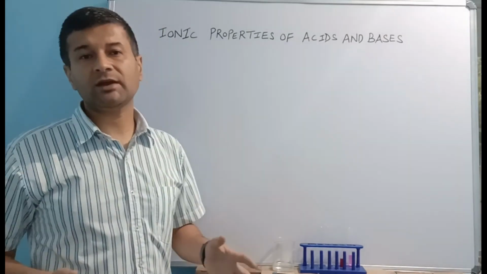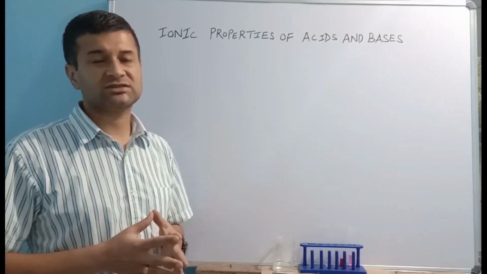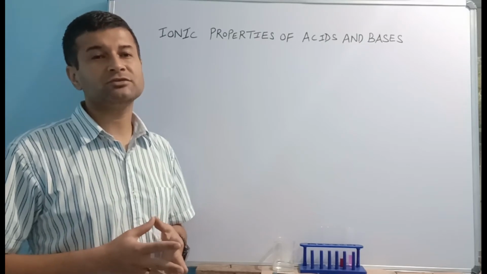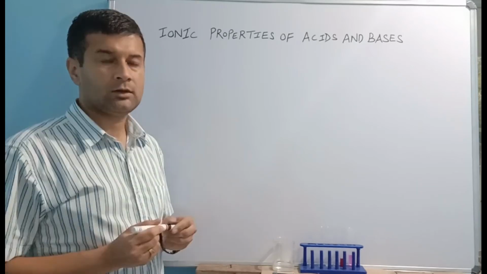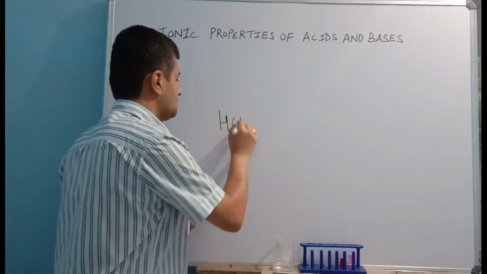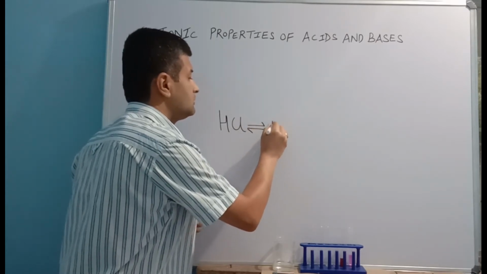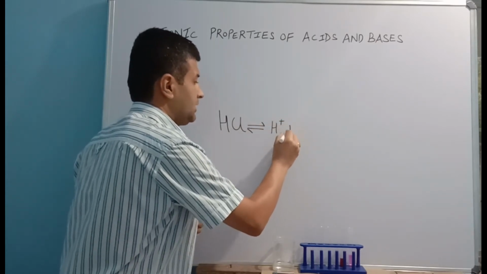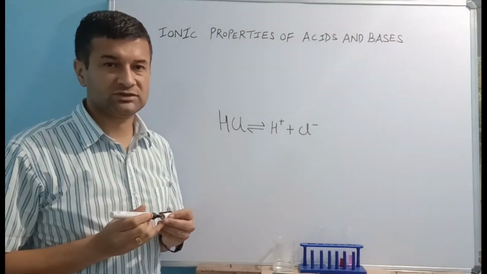So what can we infer from this activity? This experiment suggests that acids produce hydrogen ions only in presence of water. When we dissolve HCl in water, then it dissociates to give hydrogen ions and chloride ions.